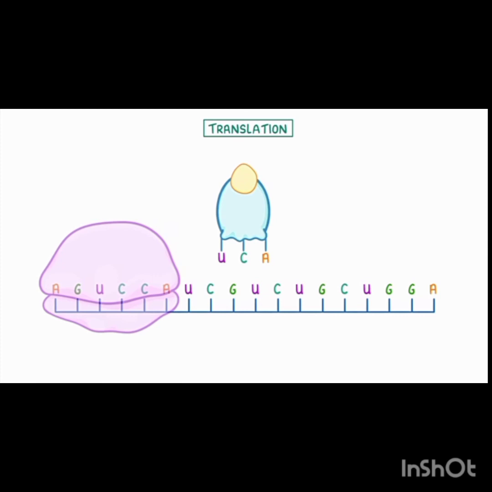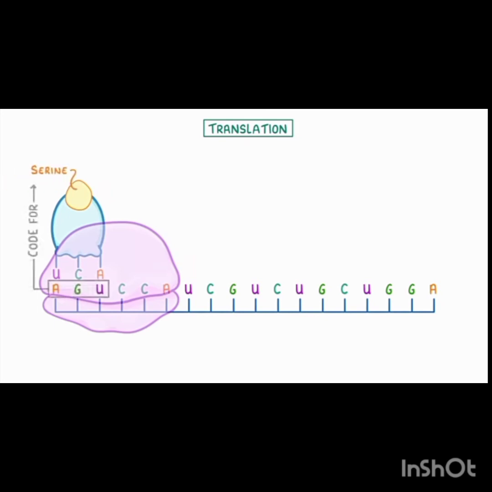As for the triplet chemical bases, UCA on the tRNA will be attracted by AGU on the mRNA. This is the chemical code of the triplet, which pairs together and attracts the particular code of information on the tRNA, and this is an example for serine.